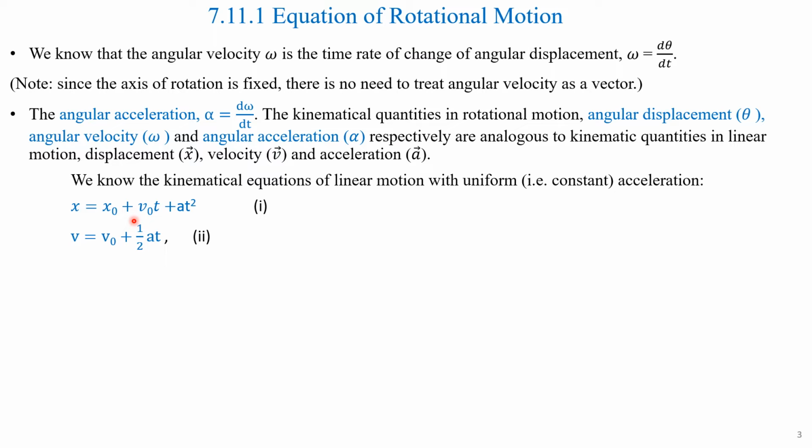Here x naught is the initial displacement, v naught is the initial velocity, a is the acceleration, and t is the time. The third equation is v square is equal to v naught square plus 2ax. Let these be equations 1, 2, and 3 respectively as shown on your screen.